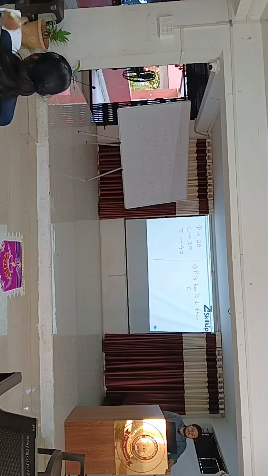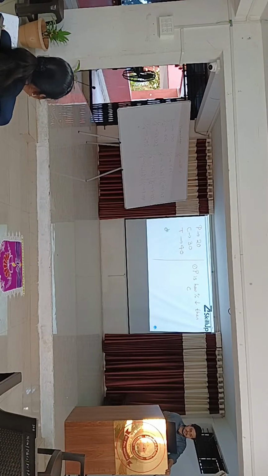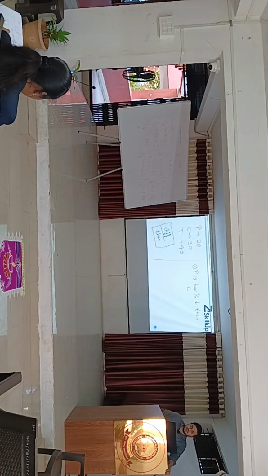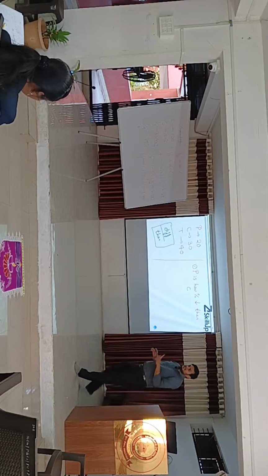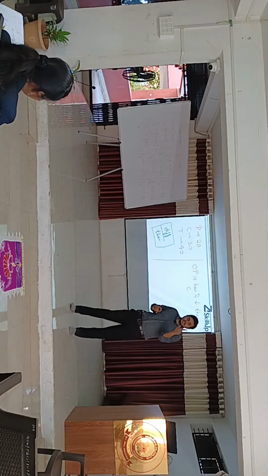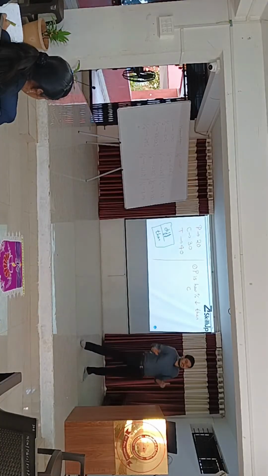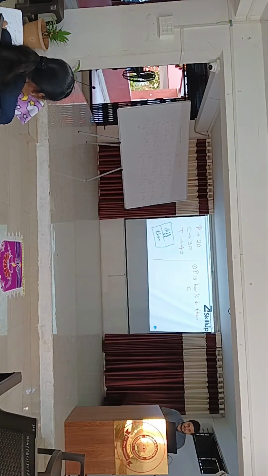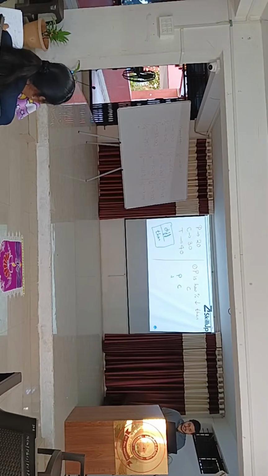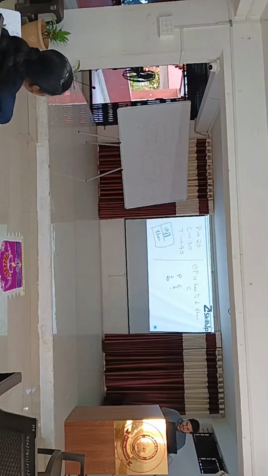Formula, you will read. Difference divided by that. Now, what are the persons I'm comparing? P and C. P value is 20, C value is 30.